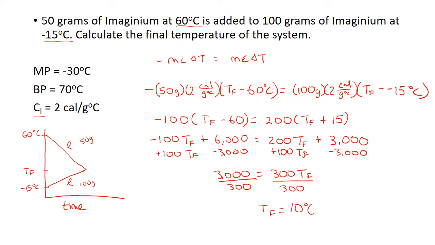The nice thing about these problems is that you can always go back and double check your work if you want to. So this would be just plugging in numbers: 50 times 2 times 10 minus 60 equals 100 times 2 times 10 plus 15, and we can just double check that.